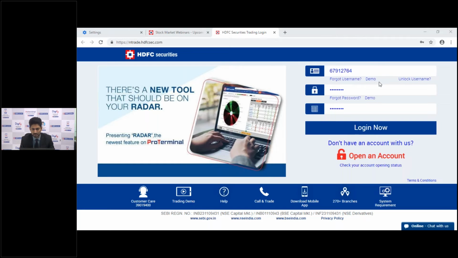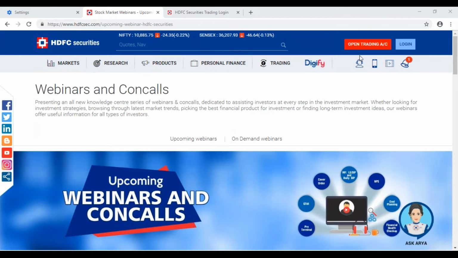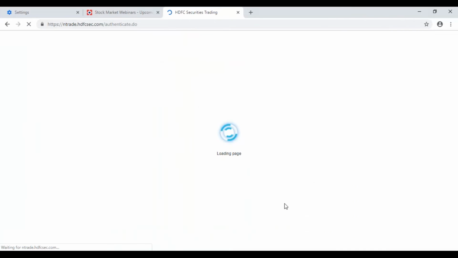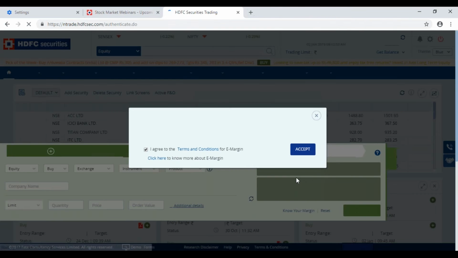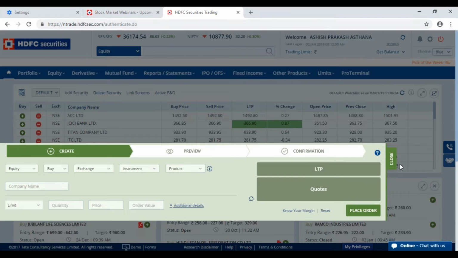This is the website www.hdfcsec.com. On that, you need to click on login. Once you click on login, this page will appear. You simply need to enter your login credentials and click on login. This login which you see right now is the standard login or Empowered login. And at the last, you can see the option of ProTerminal.